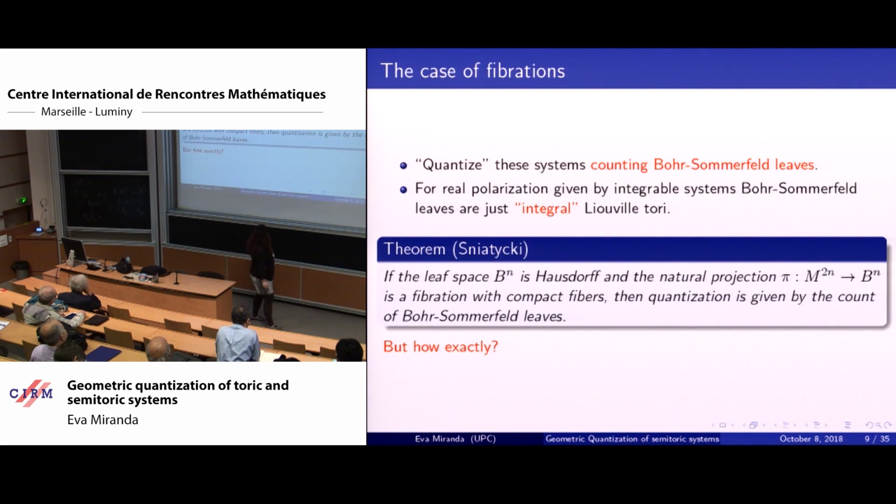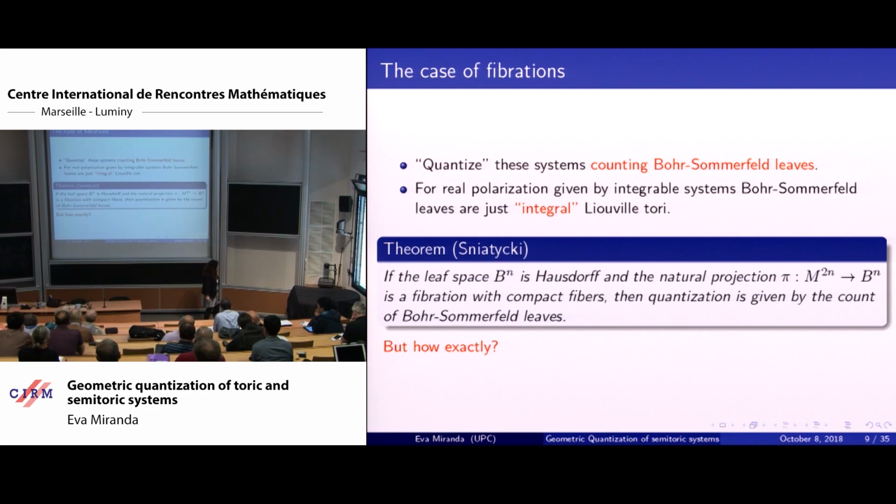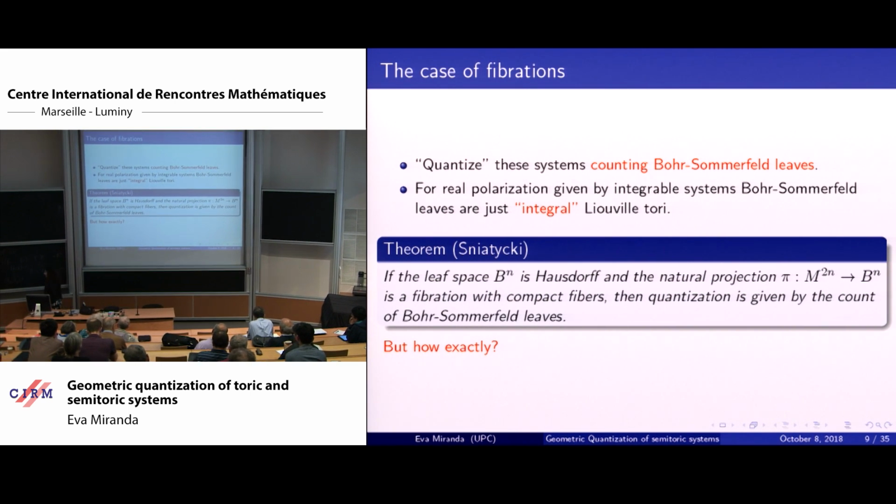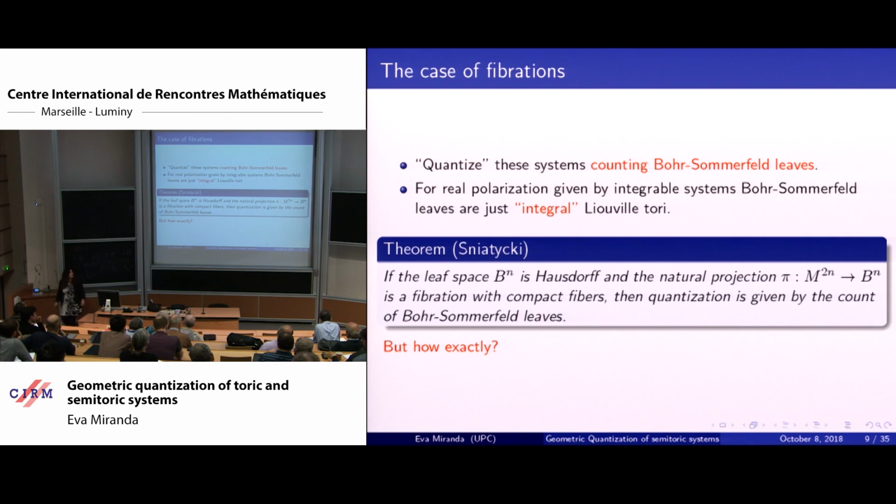So now I want to quantize the case of fibrations, and where we are is that a way to quantize would be to count the Bohr-Sommerfeld leaves. We saw, because of this theorem of Guillemin and Sternberg, which comes from working out the computation via the Arnold-Liouville theorem, that there is a discrete number of Bohr-Sommerfeld leaves.